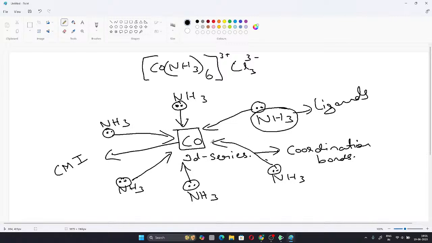These 3d series or transition metals can accept all these electrons because they have empty d orbitals. And because these ligands are forming coordination bonds, we call them coordination compounds.